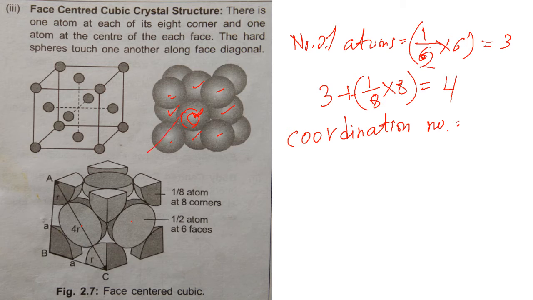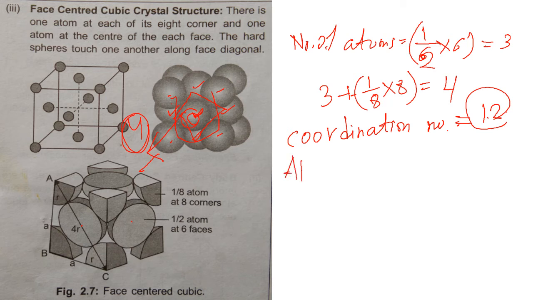Suppose another plane is on this side, then this side also covers 4 atoms, so the total coordination number is 12. Do you understand? This 1, 2, 3, 4, another 1, 2, 3, 4, and another 4 on the other plane, total 12.